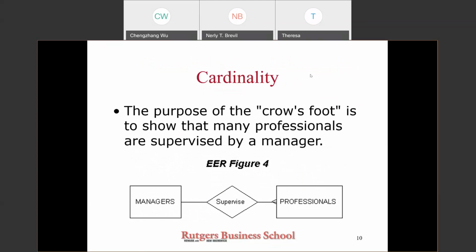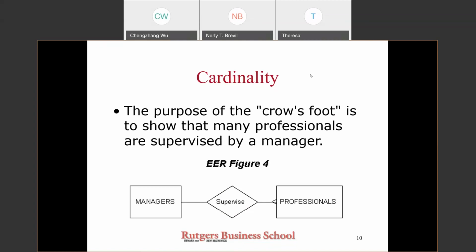Consider the relationship between managers and professionals. If a manager supervises exactly one professional and each professional is supervised by exactly one manager, the previous ER diagram is accurate with respect to the cardinality of the relationship.